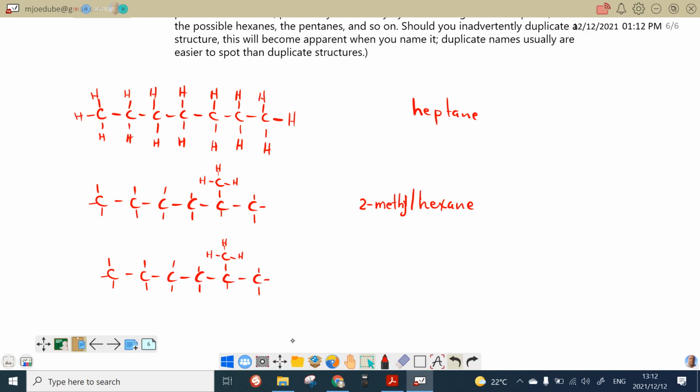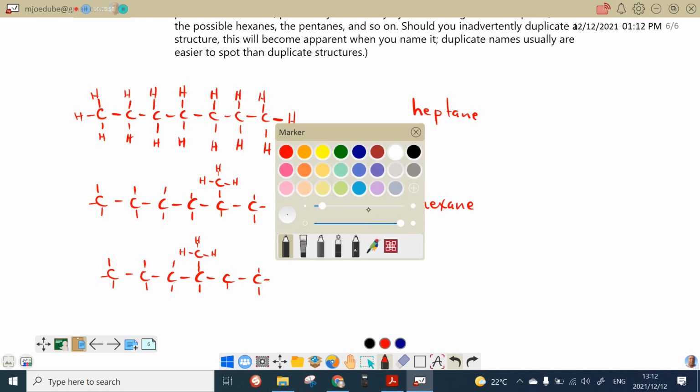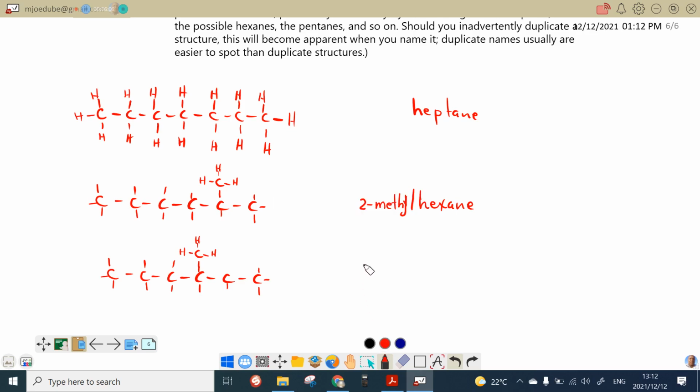I'll cut that, put it on carbon number 3. So now I have my side chain on carbon number 3, and it's the same long chain, which is 6 carbons, but it's now going to be on carbon number 3, so it's going to be 3-methylhexane.